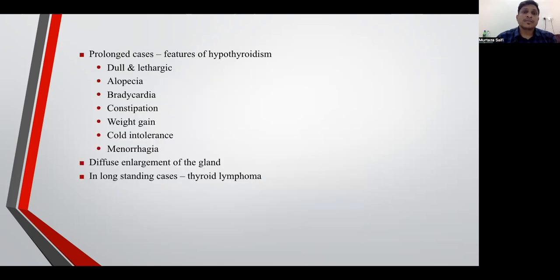In prolonged cases, features of hypothyroidism: dull and lethargic, alopecia, bradycardia, constipation, weight gain, cold intolerance, menorrhagia, and diffuse enlargement of the thyroid gland, and in long-standing cases, thyroid lymphoma.